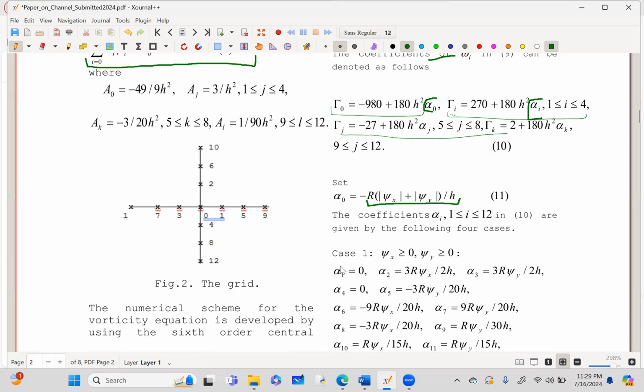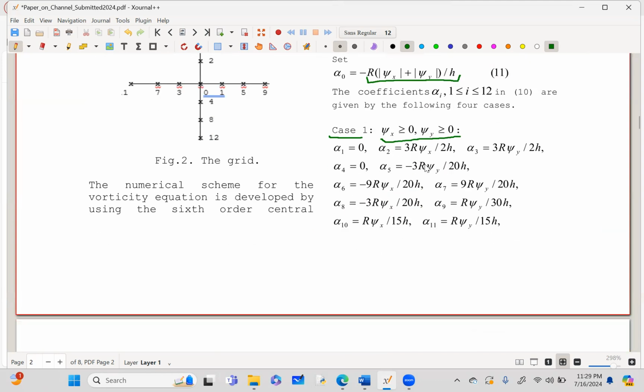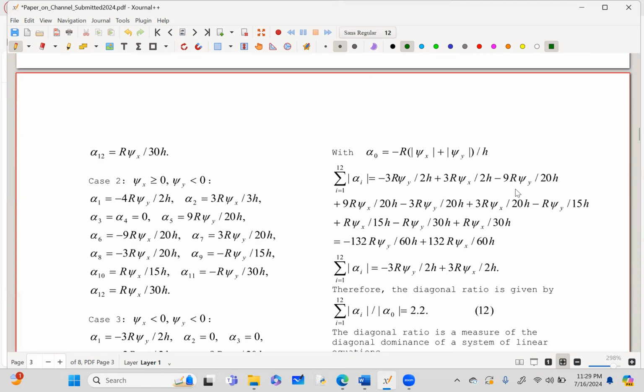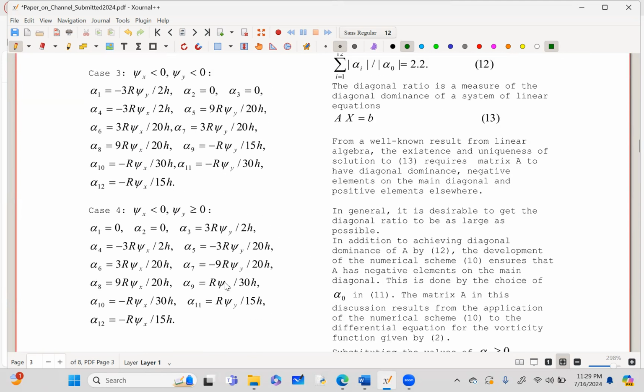So we have those 4 cases depending upon the signs of the first partial derivatives of the stream function. Therefore, case 1, when both of them are positive. Case 2, psi x positive, psi y negative. Likewise, case 3 and case 4.